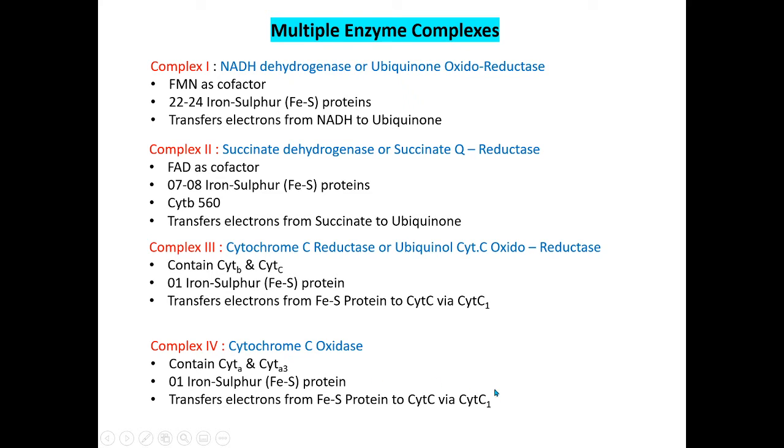Here it is wrongly printed. I'm sorry. Actually, what happens here is cytochrome C transfers electrons first to cytochrome A, from cytochrome A to A3, and ultimately to oxygen. This is wrongly printed here. I'm sorry. So this is about cytochrome oxidase.